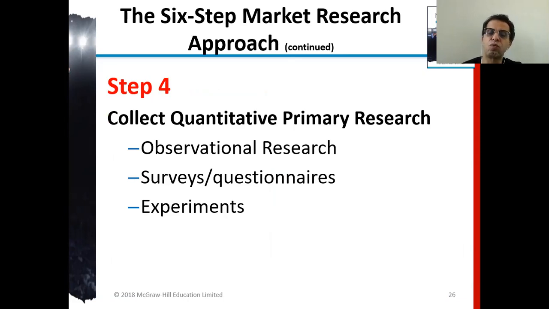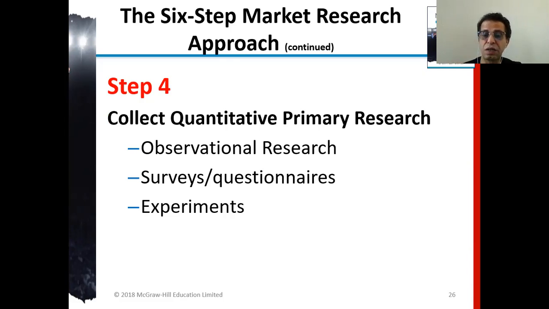Then you move to the fourth step, which is to collect quantitative primary research. We said that you start with the qualitative, and if it's necessary, you start collecting certain data that you cannot find in the market or are not able to purchase, and you collect your own quantitative primary research.